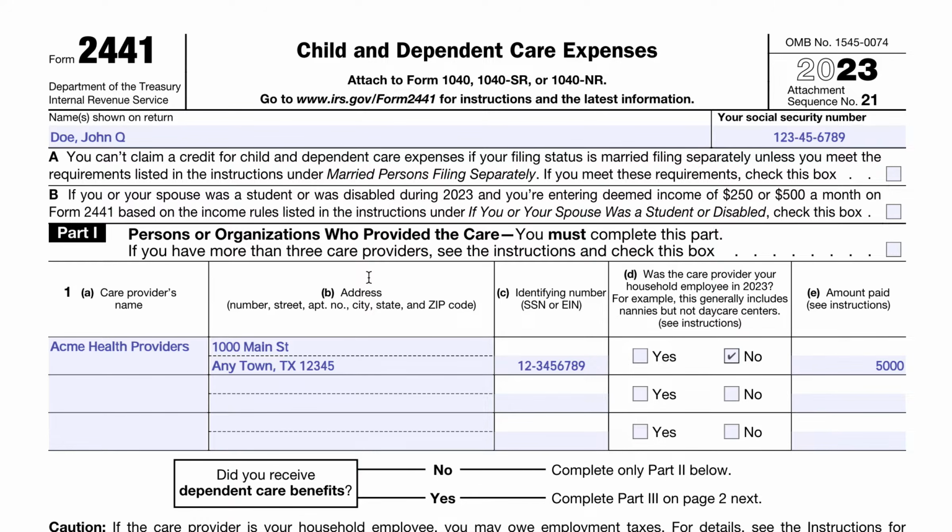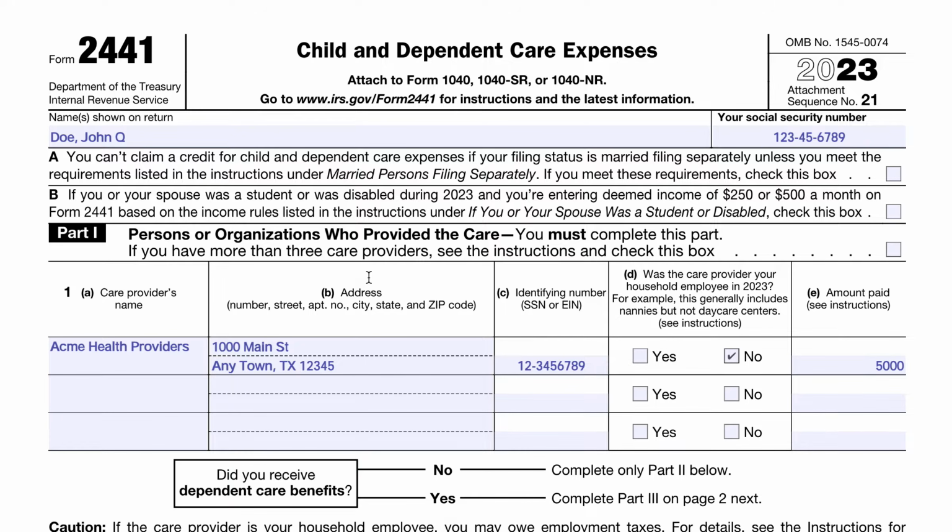This is a term that's in the form instructions, and this includes any amounts that your employer may have paid to you or to your care provider for the care of your qualifying person while you worked, the fair market value of care in a daycare facility provided or sponsored by your employer, and pre-tax contributions that you made under a dependent care flexible savings account.